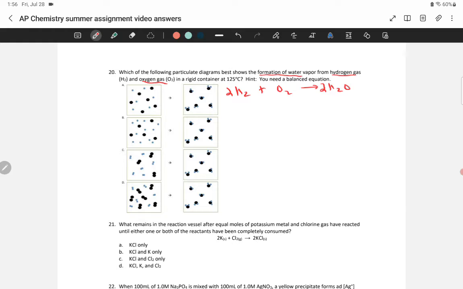On the left-hand side is before the reaction occurs, and on the right-hand side is after the reaction occurs. That and that are off the board immediately. Why? Because H2 is a diatomic, 2 atoms in the molecule, and oxygen is diatomic, 2 atoms in the molecule. So those are off the board.